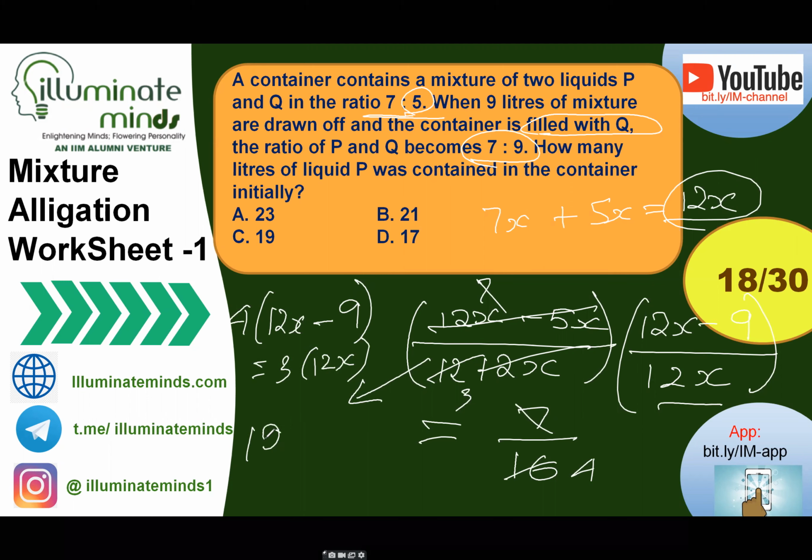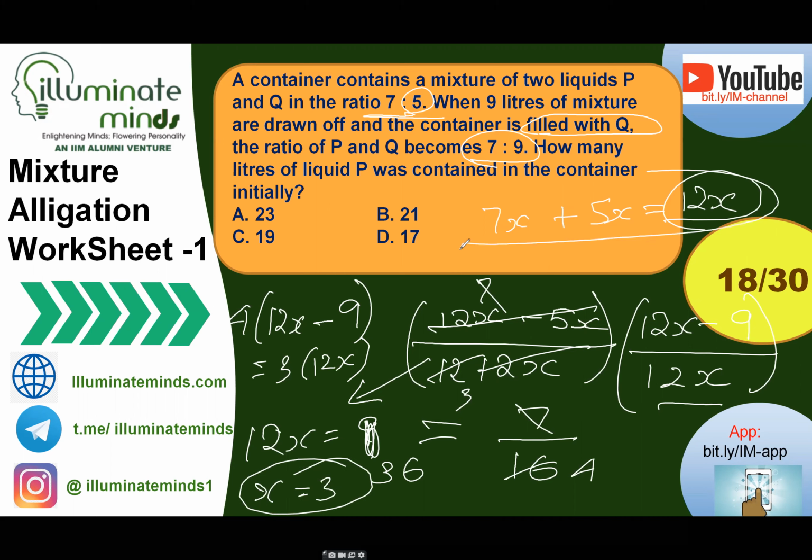This makes 12x is equal to 9. I hope I have not done any calculation mistake over here. Correct. So this is not 9. This is 12x is equal to 4 nines are 36. 36, x is equal to 3. X is equal to 3.